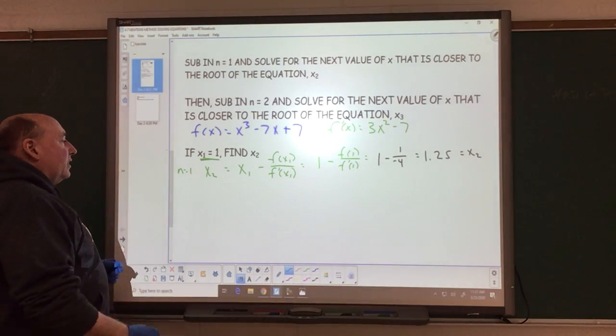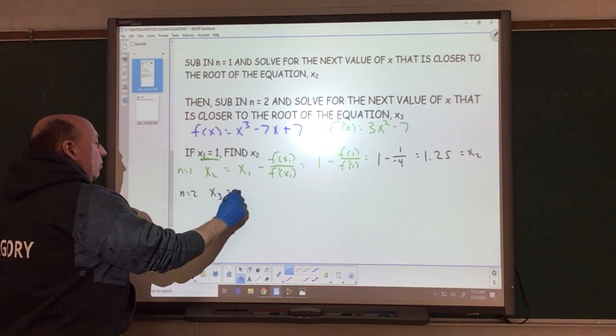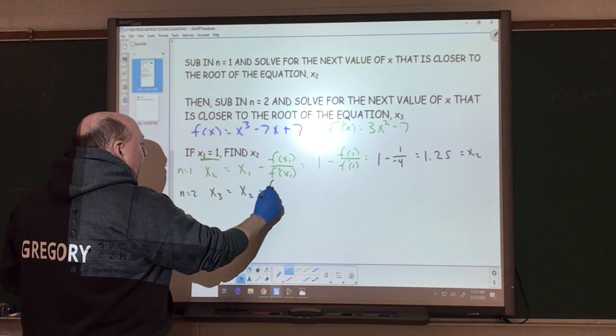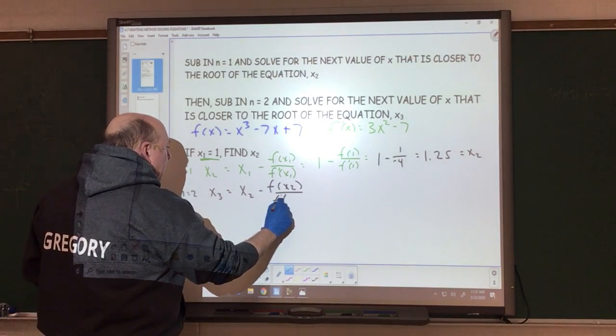Well, to find our x3, that means n is equal to 2. Our x3 would be x2 minus our function value at x2 over our derivative at x2.